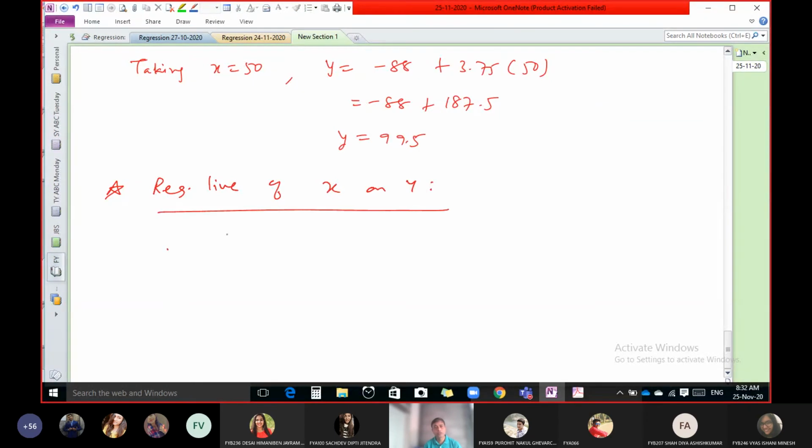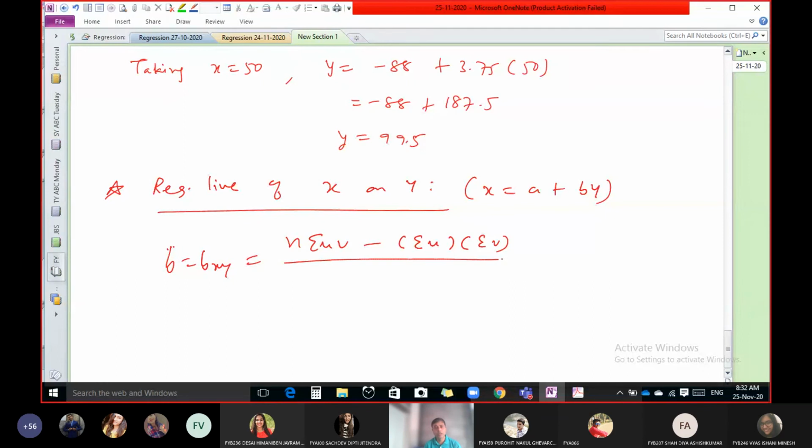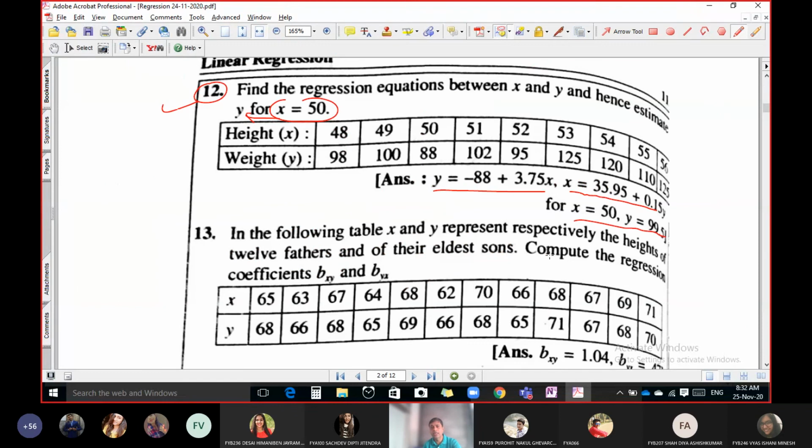So it is nothing but x equal to a plus by, and here you can calculate b, that is bxy, by using almost the same formula, n sigma uv minus sigma u sigma v upon n sigma v square minus sigma v the whole square. And we have values for everything, so you can calculate b, and if you calculate b you will get, let us write the direct answer, 0.15.